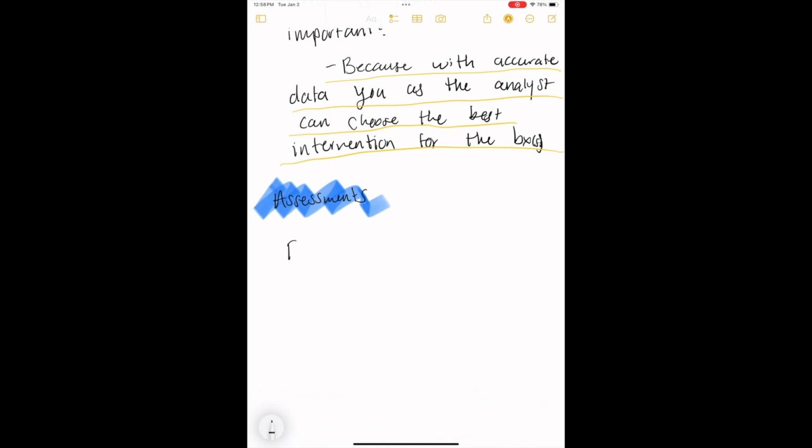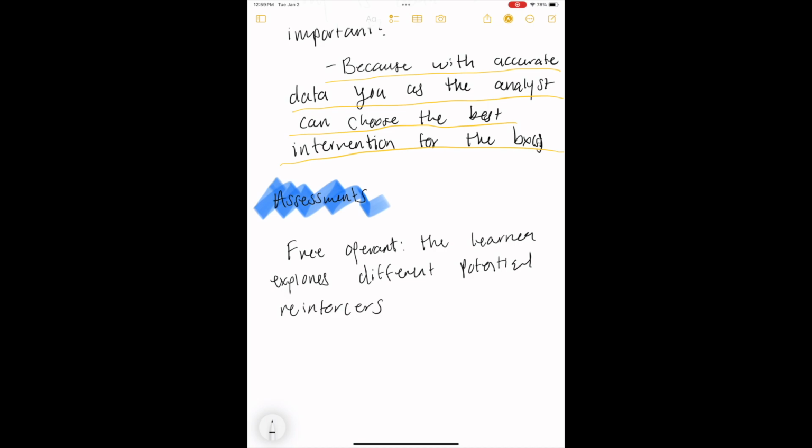And the first assessment I'll go over is free operant. A free operant preference assessment is when the learner explores different potential reinforcers.